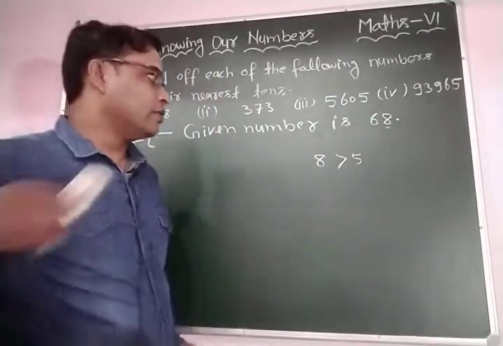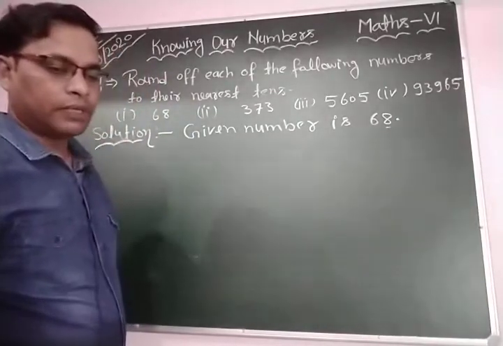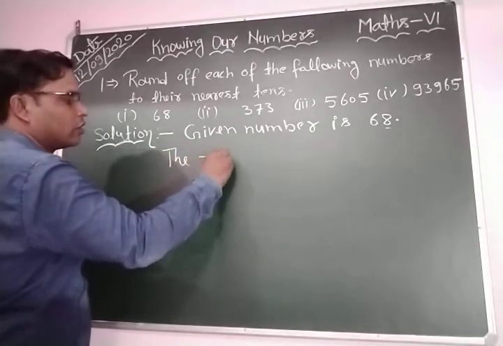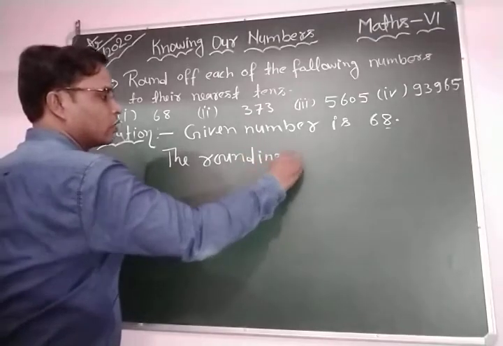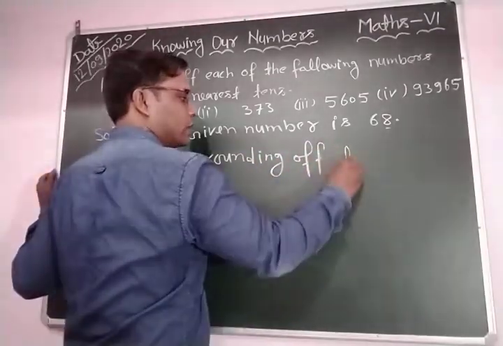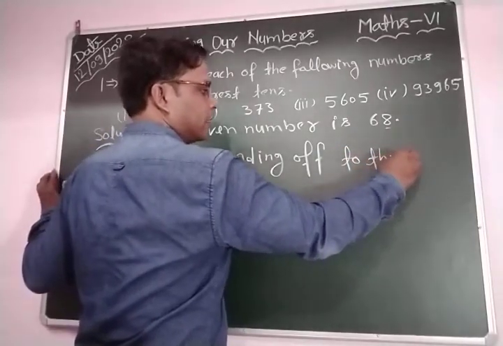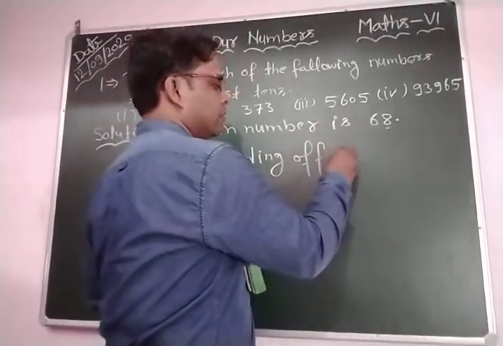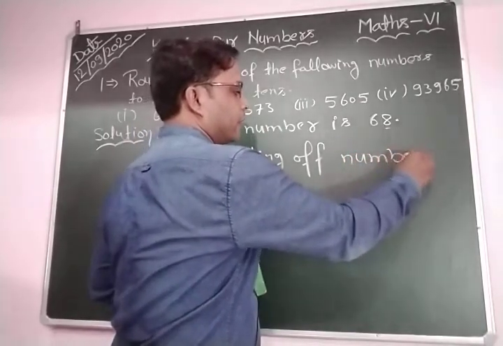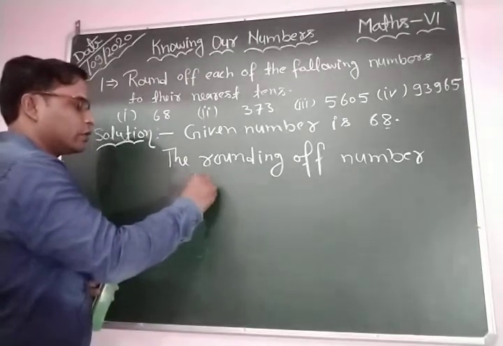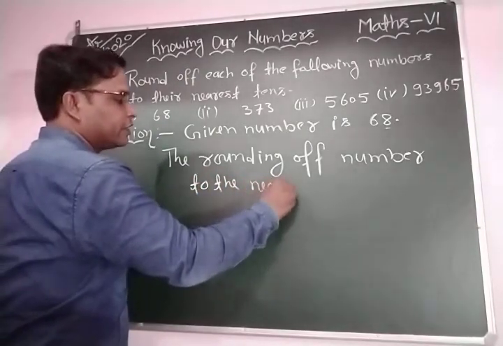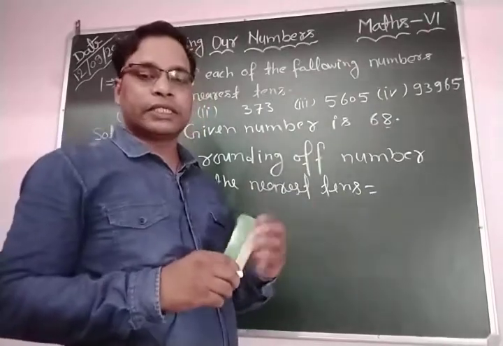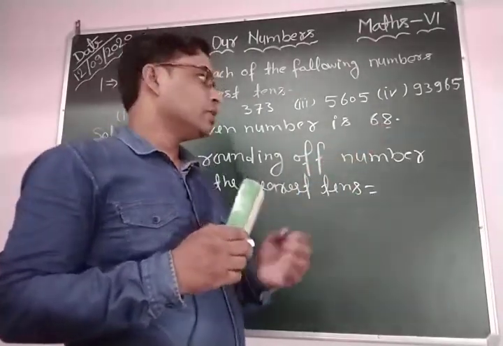So we can say the rounding of the number to the nearest tens is equal to, here you can see the unit digit is greater than 5, so it becomes 0.